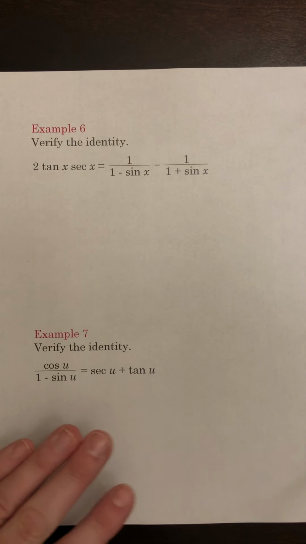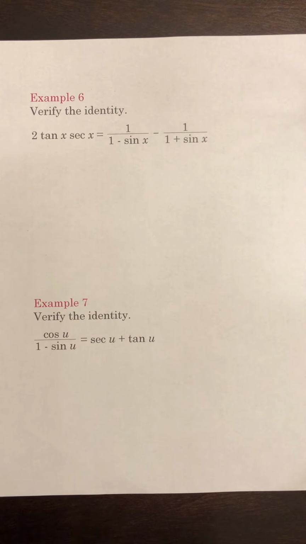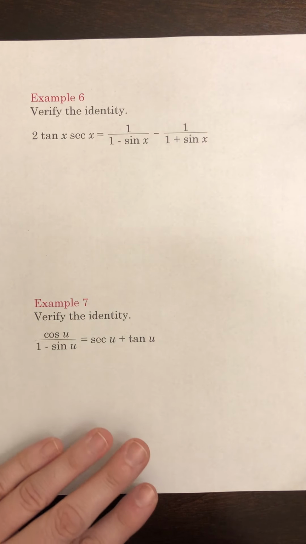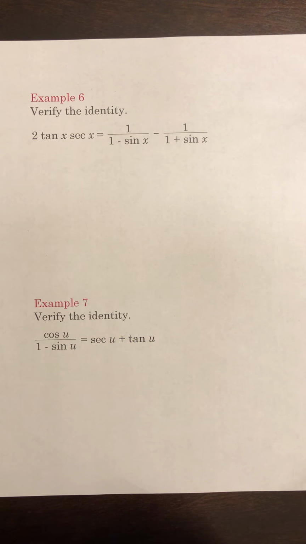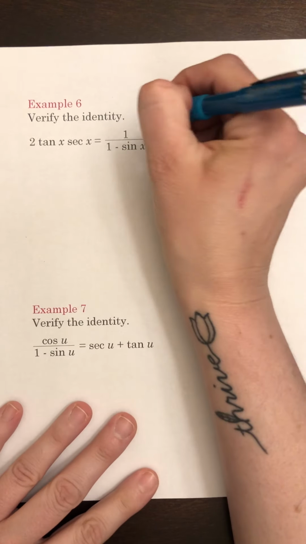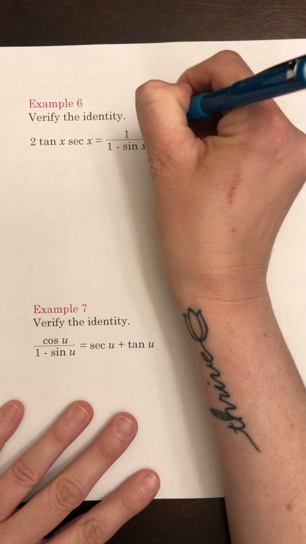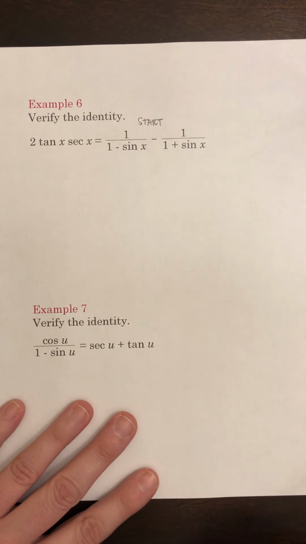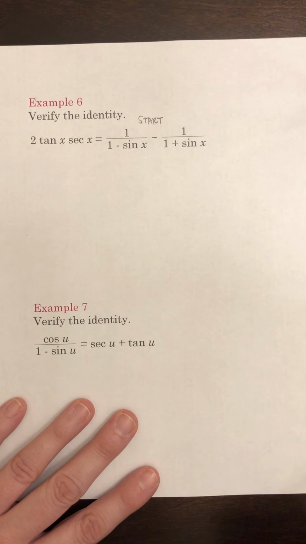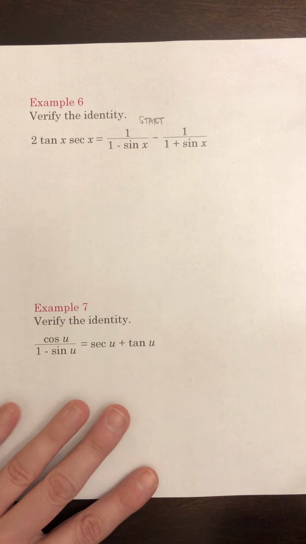All right, so example 6, we're going to verify this. You might agree with me that it looks like the right side is more complicated than the left side. So that's where I'm going to start over here. All right, so it looks to me like we probably are going to need a common denominator.